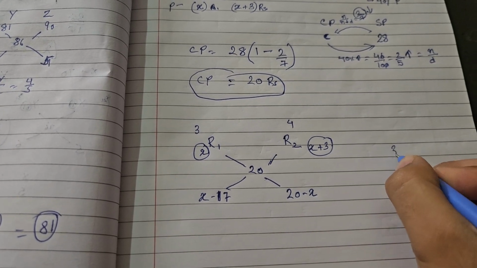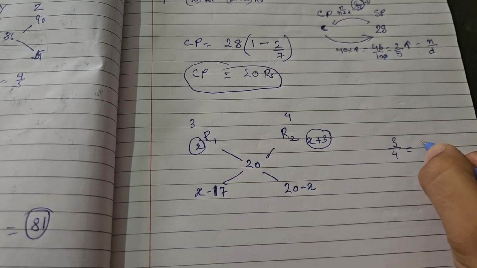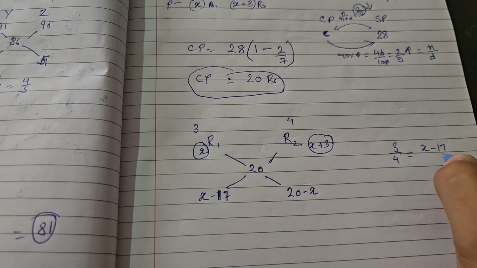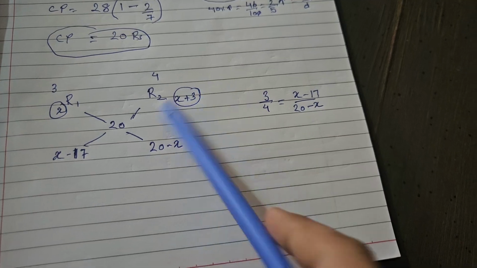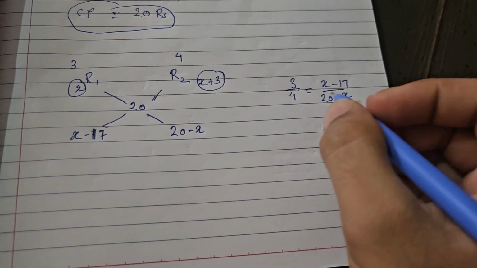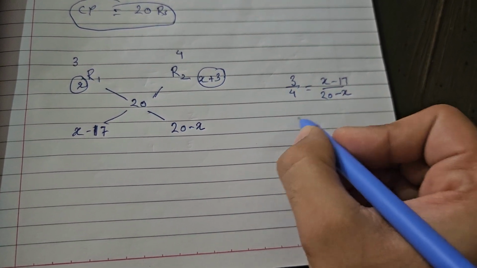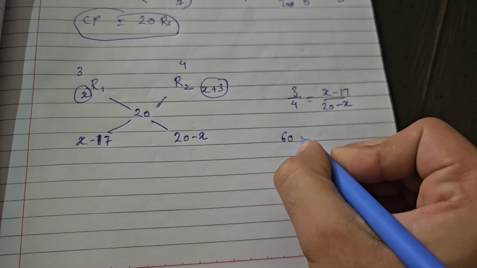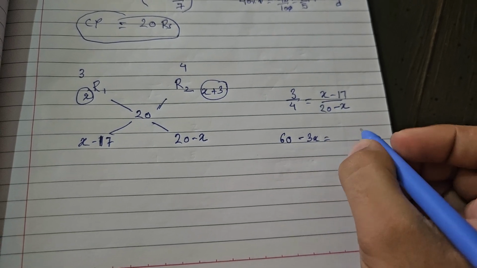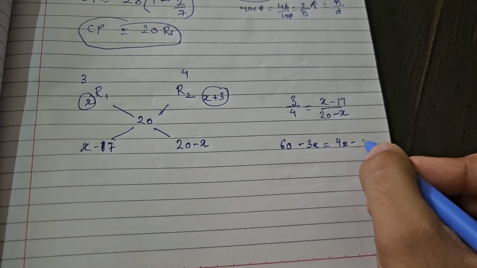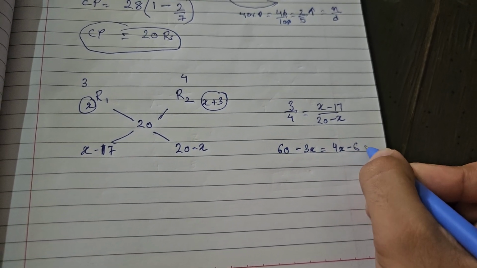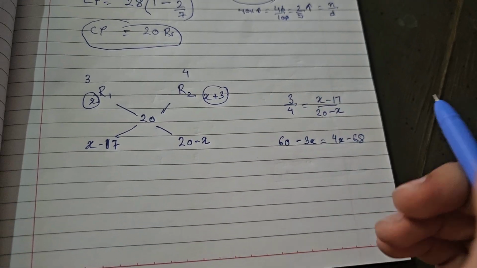So what do I get? 3 by 4 is X minus 17 upon 20 minus X. If I start solving this, I multiply, so 60 minus 3X is equal to 4X minus 4 into 17, which is 68.